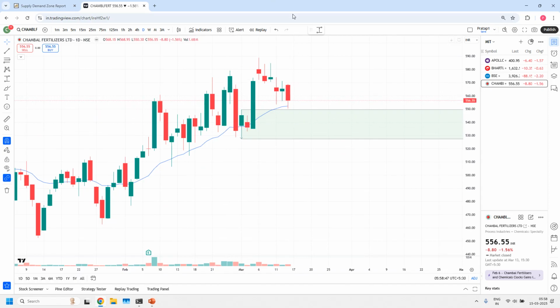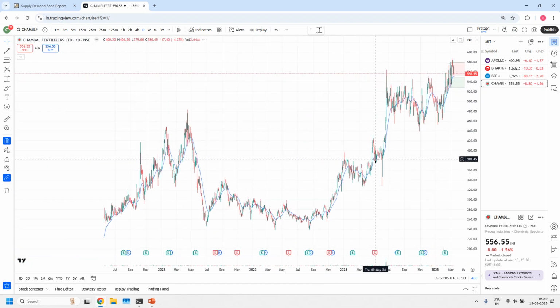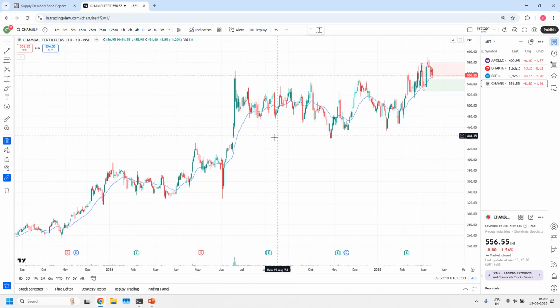So this is the one, because it is already pierced.